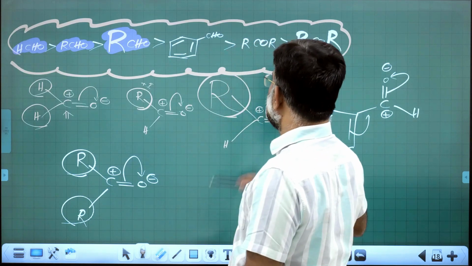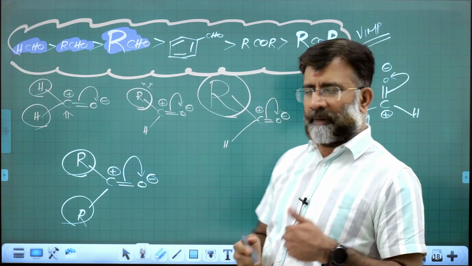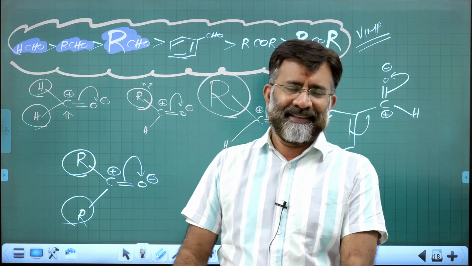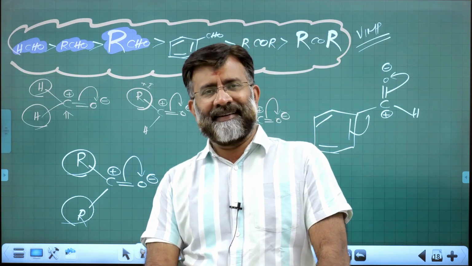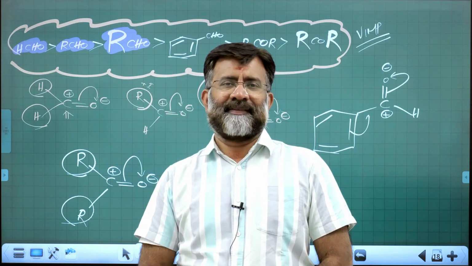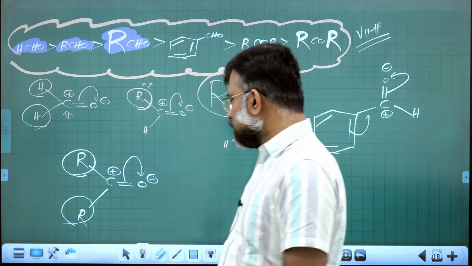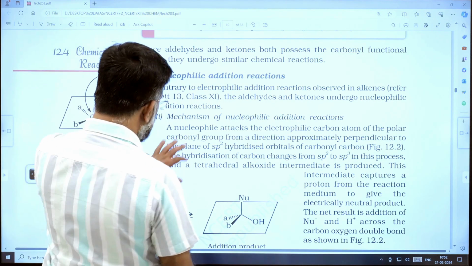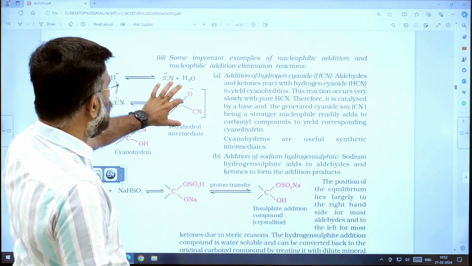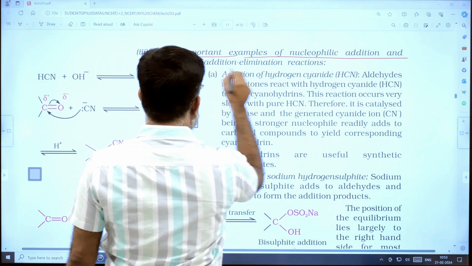So this is a very important order: formaldehyde maximum reactive, then other aldehydes, then bigger aldehydes, then benzaldehyde, then ketone, then bigger group ketones. Fine. Next are various examples of nucleophilic addition reaction. Some important examples of nucleophilic addition reaction.